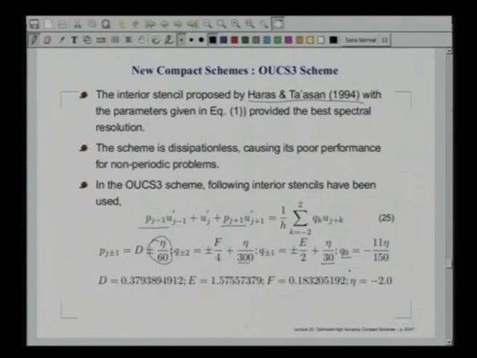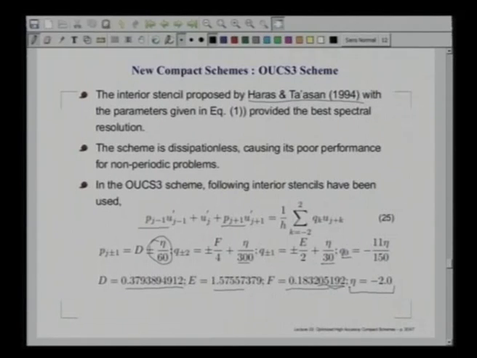Then we take the coefficients d, e and f, which we called before alpha, a and b, and they remain the same, and we have shown here a scheme for eta equal to 2 minus 2.